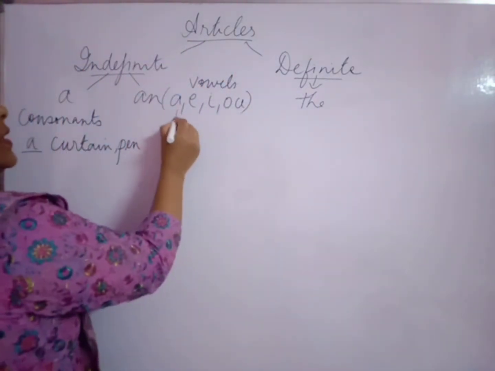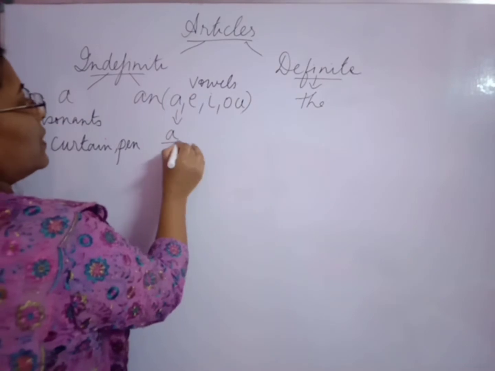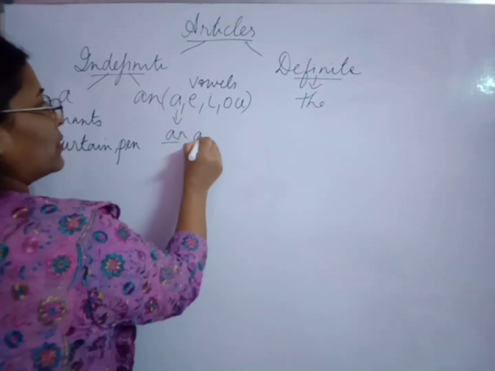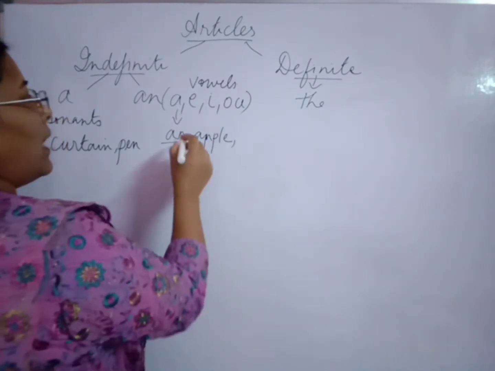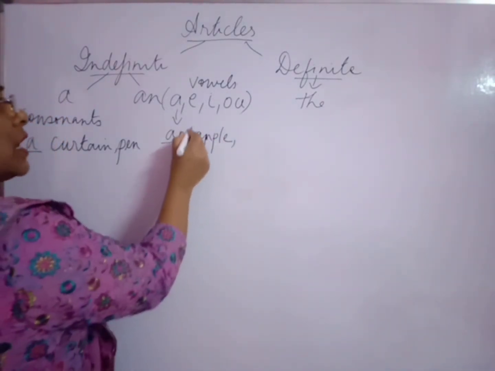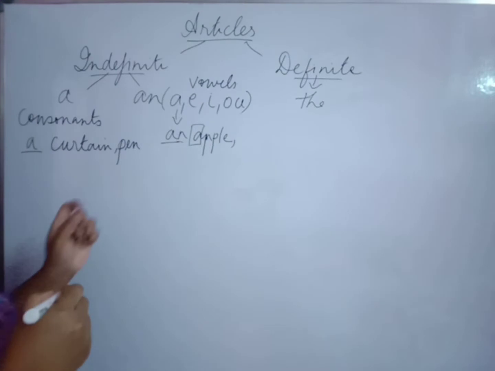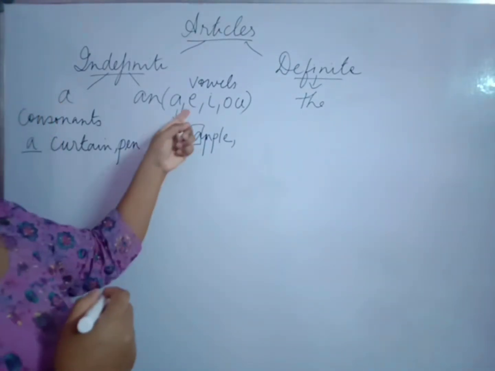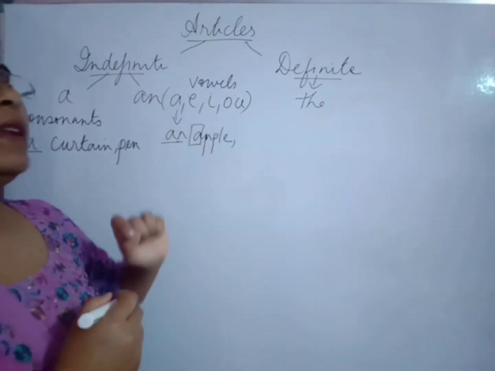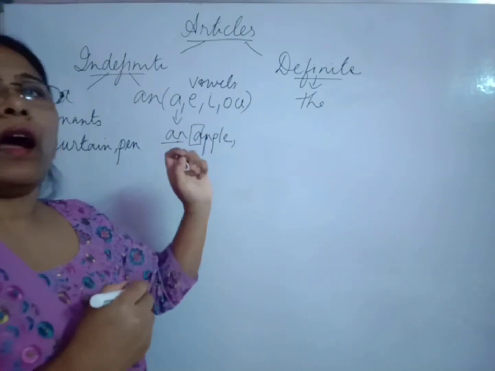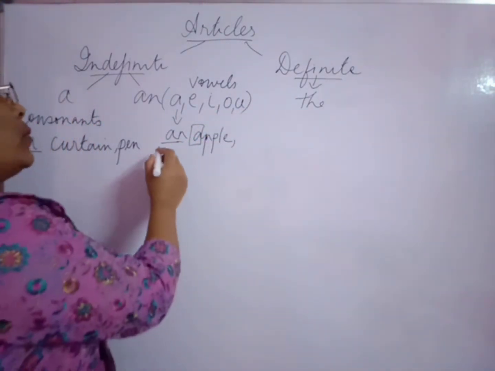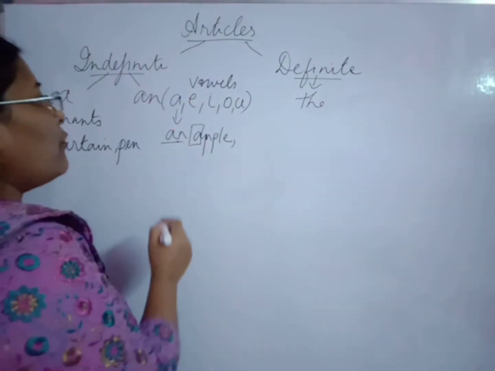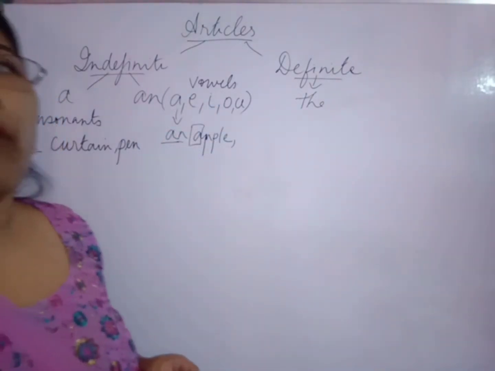For example, with A, we will say an apple, because the sound here is a vowel sound. An egg, an inkpot, an owl, and an umbrella. So we use an if a word starts with a vowel sound.